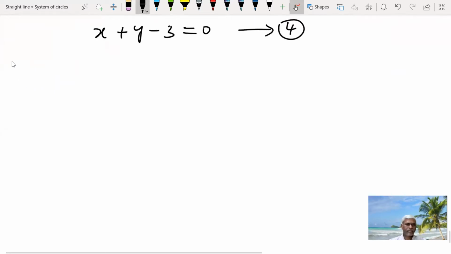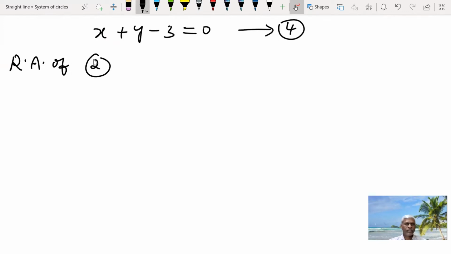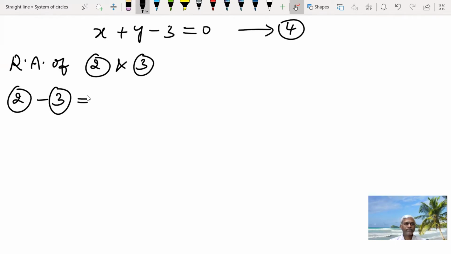Now radical axis of 2 and 3, that is 2 minus 3, second circle minus third circle.